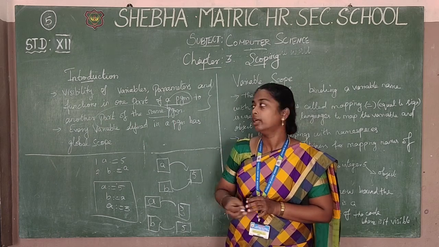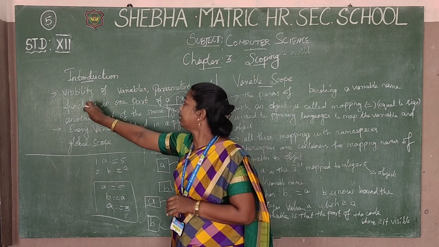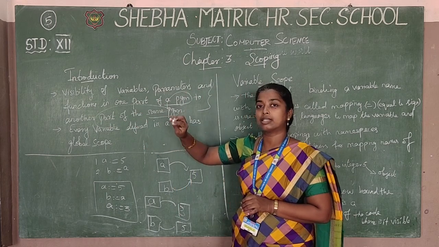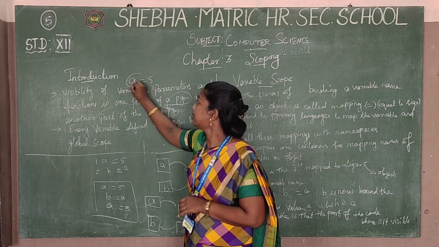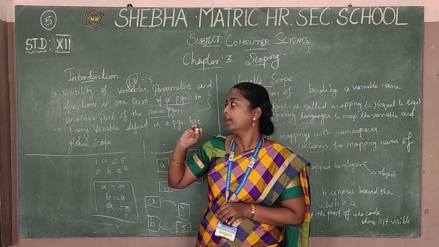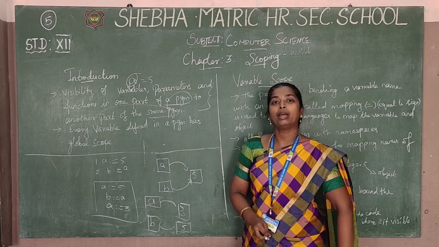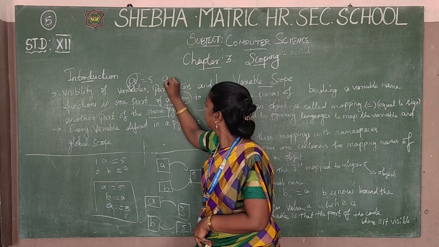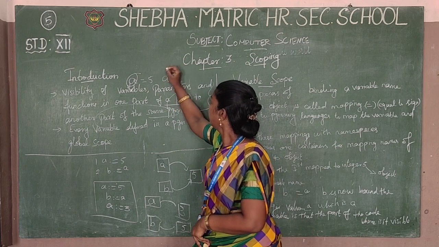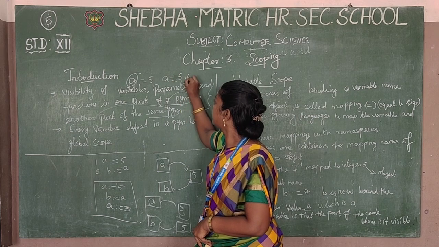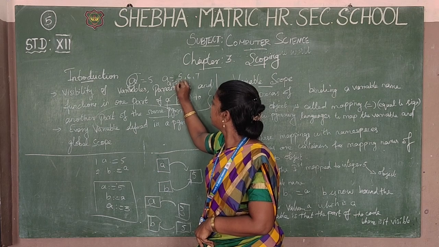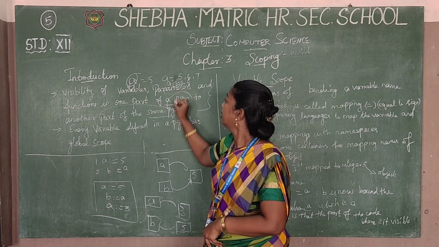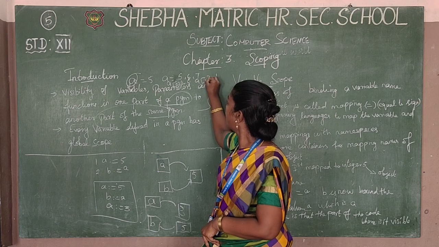You can clear? Okay, once again I explain the visibility of variables. Variables means a is equal to 5. A is the variable. Okay, then parameters. Parameters means a of 0, a is equal to 5, 6, 7. Then a of 0 is equal to 5, a of 1 is equal to 6.